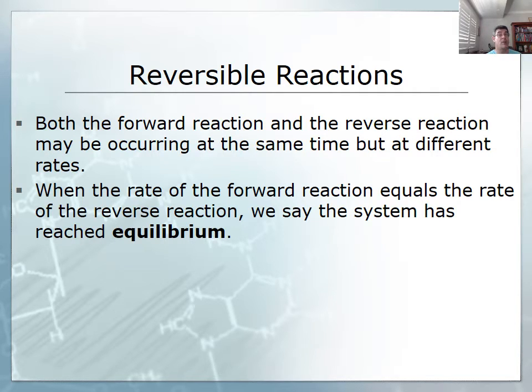Certainly, initially, if we only have reactant molecules, we will only have reactants reacting, and therefore we'll only be going in the forward direction initially. But once the concentration of the product starts to rise, that's when we will be able to see the reverse reaction starting. So the rate of the forward reaction will slow, the rate of the reverse reaction will increase until we reach a point where they are the same, when the rate of the forward reaction equals the rate of the reverse reaction.